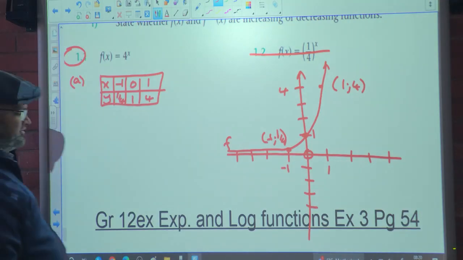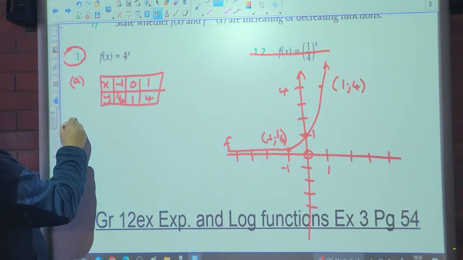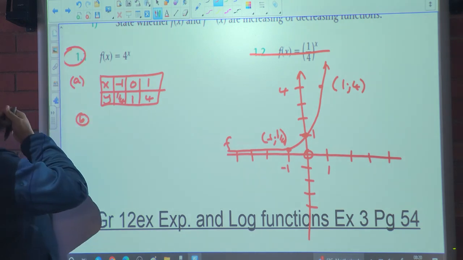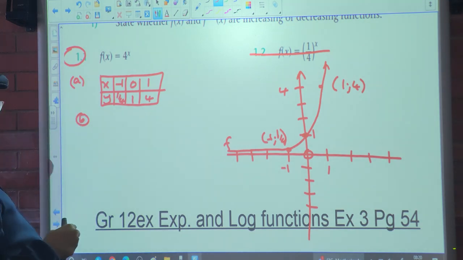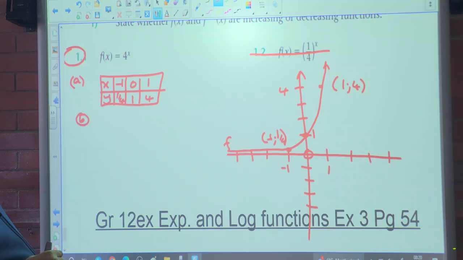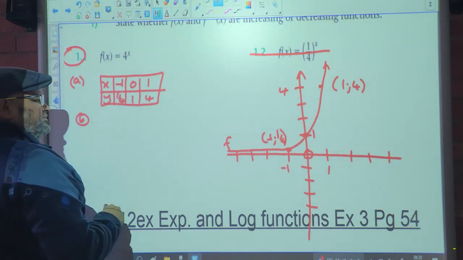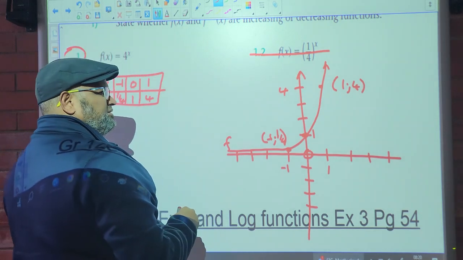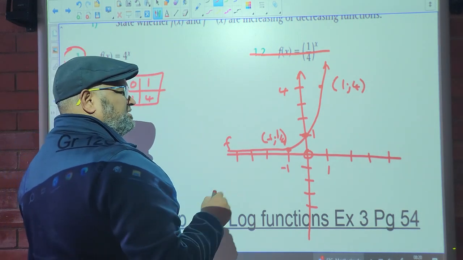What's the B part of the question? Inverse function. So what do we do? We interchange x and y.